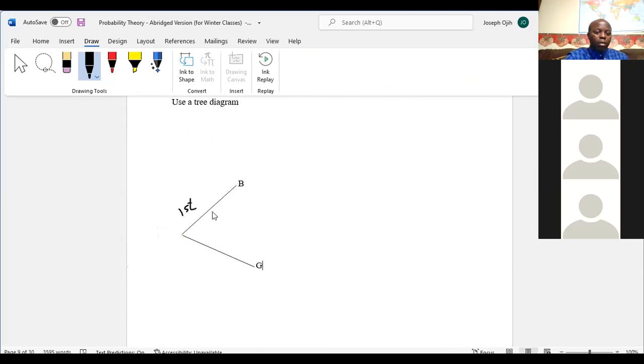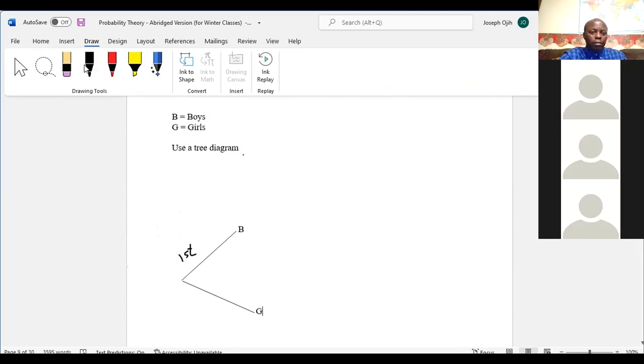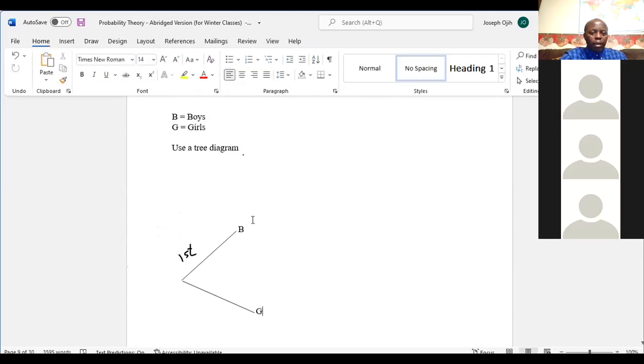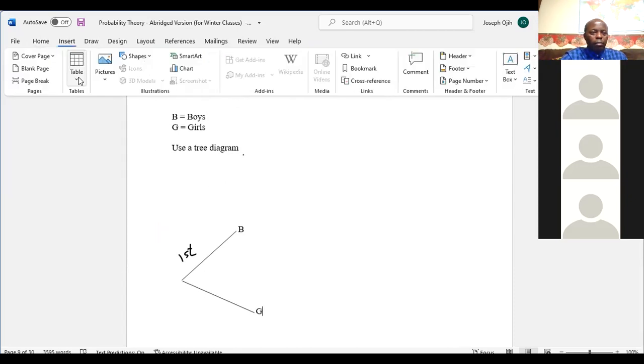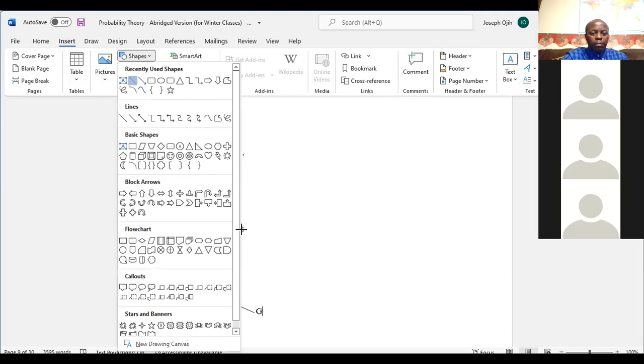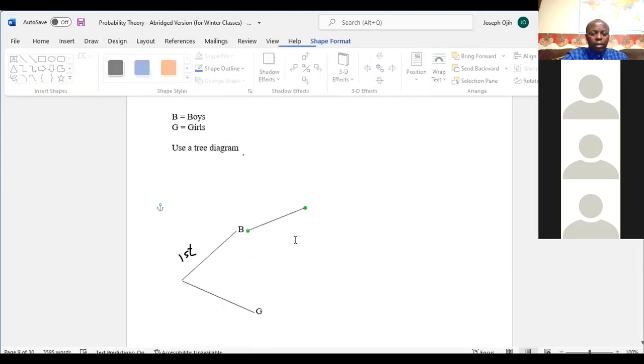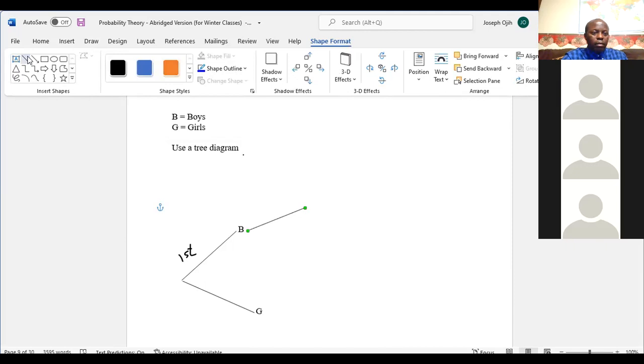Now, the second child can be a boy or a girl. So you go from this spot.